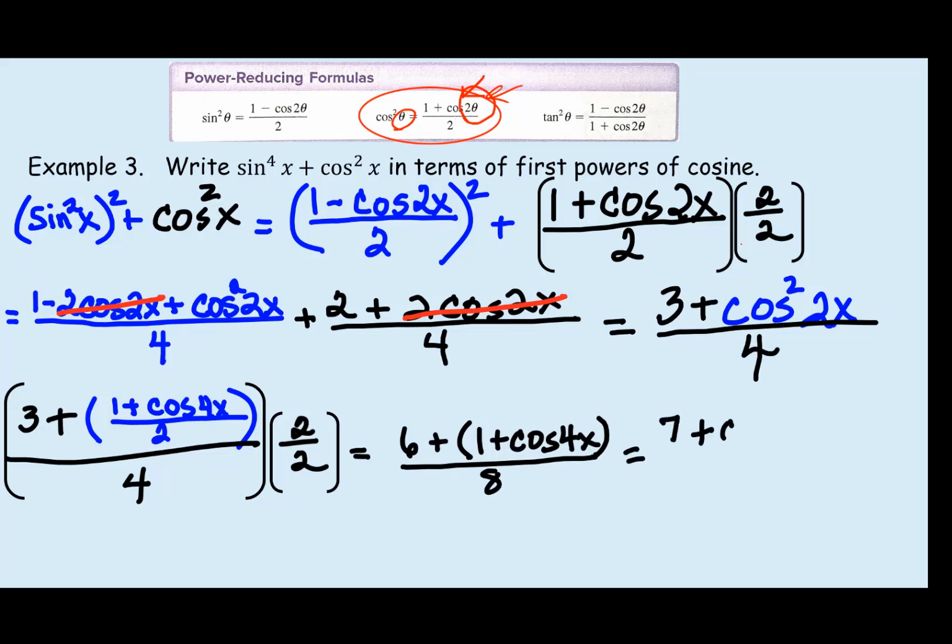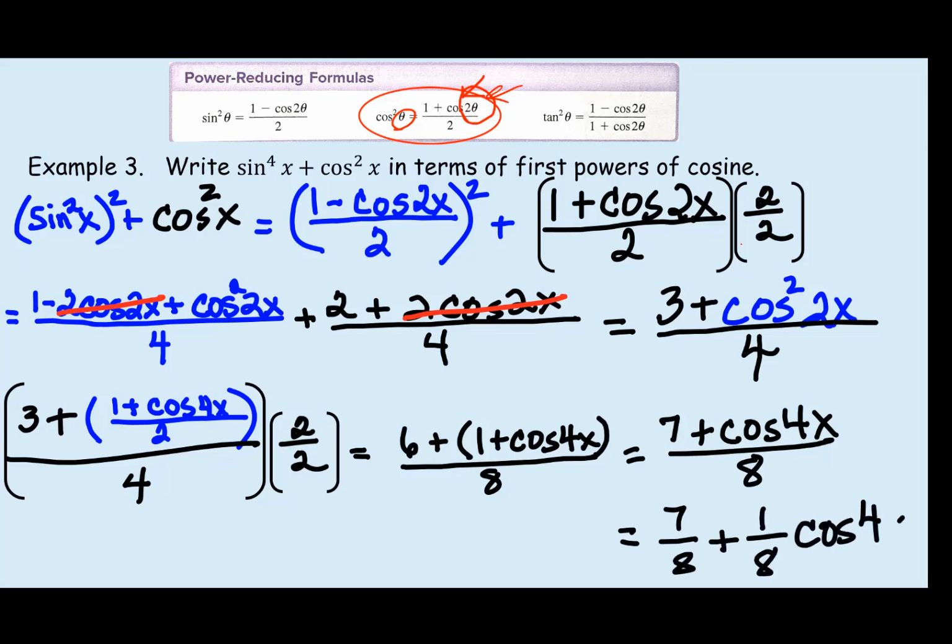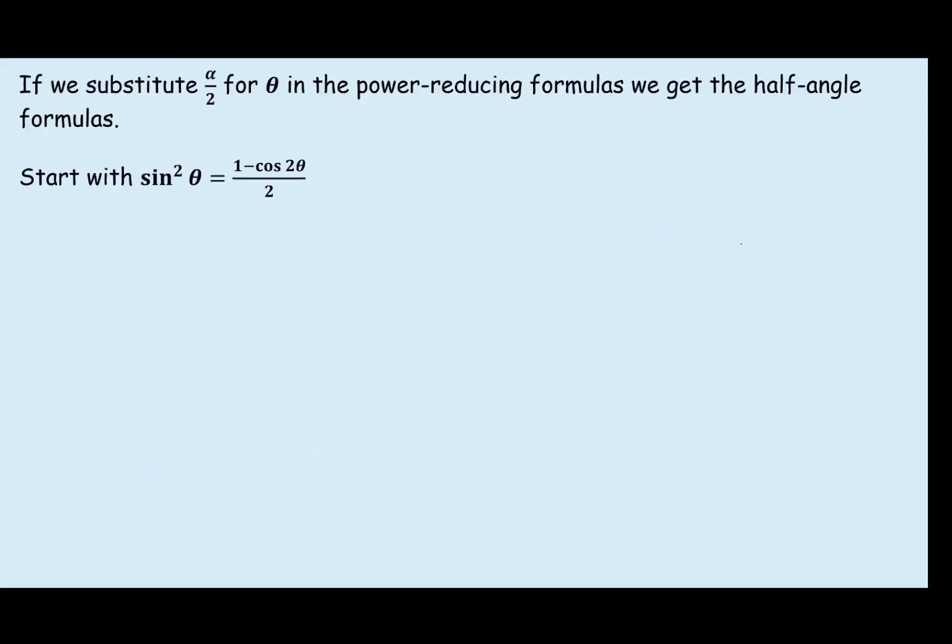And then if I reduce that down, I've got 7 plus cosine 4x over 8. And if I separate that into two fractions, 7/8 plus 1/8 cosine 4x. So that is an expression that has just first power of cosine. It doesn't have any squares or anything. And that's what we were supposed to do.